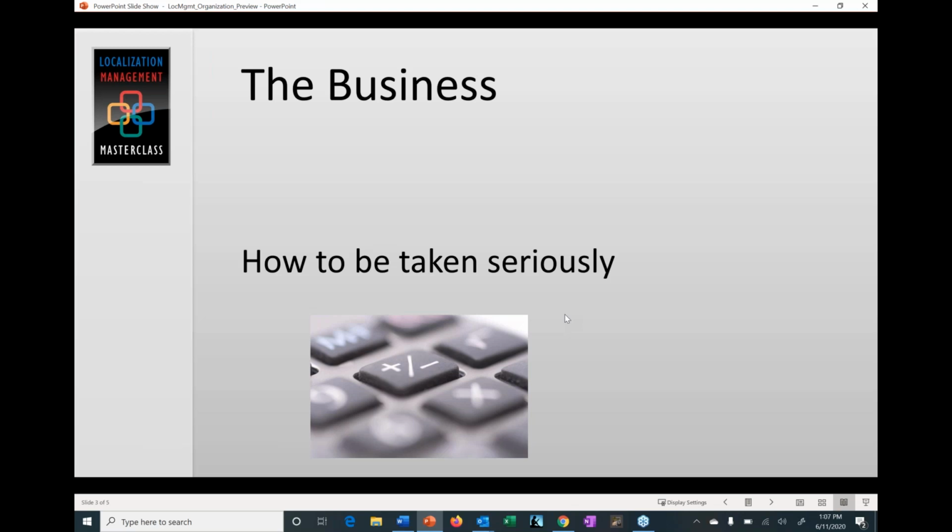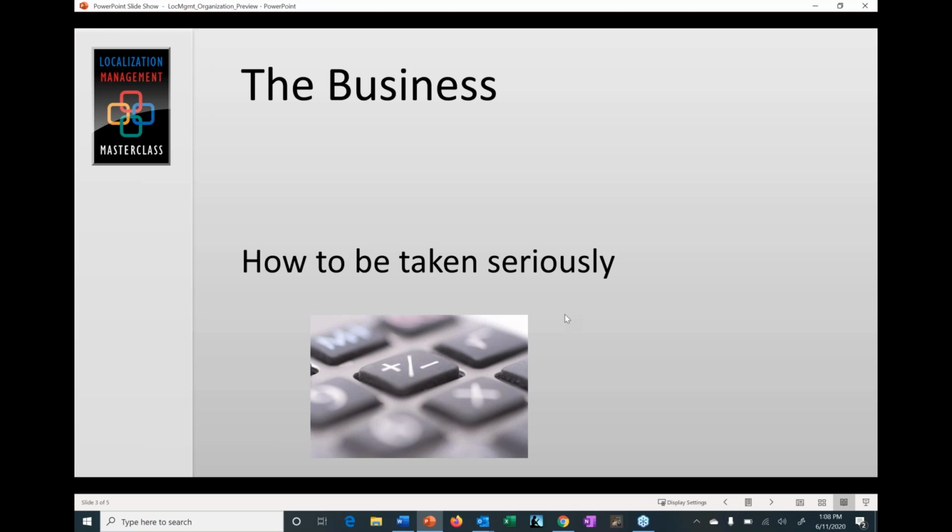Well, you would be well served as the manager of localization to think about your operation in the same way. How can it be optimized in terms of costs and linked to the business and the revenues of the company?